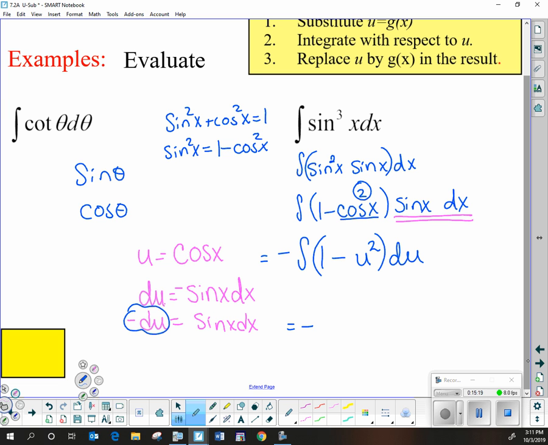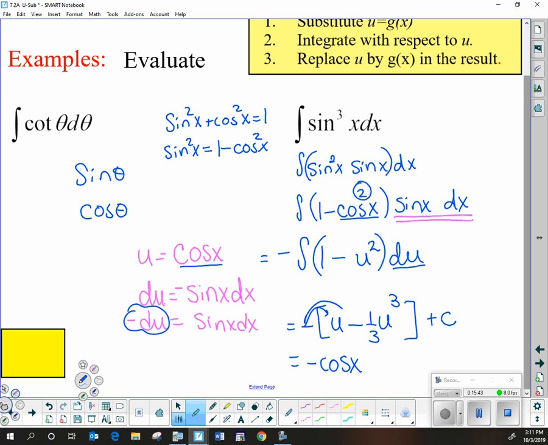Integrating 1 with respect to u would give us u minus u to the third, divided by 3, I'm going to say multiply by 1/3, plus c. That makes this negative u, but u is cosine, so negative cosine x.